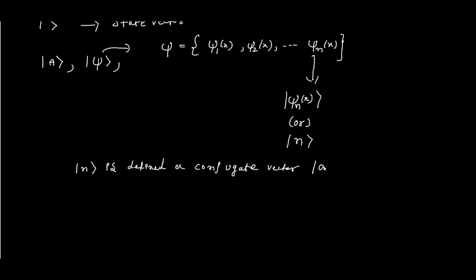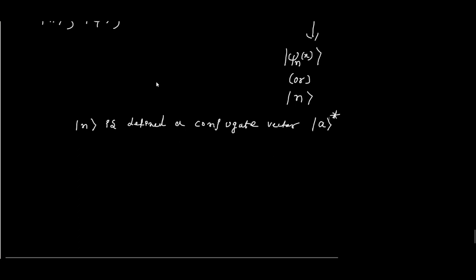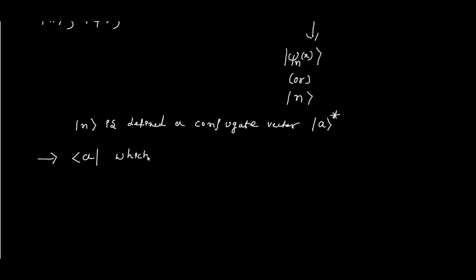It is denoted by A complex, for which Dirac used the notation like this, which is called a bra vector, or simply bra.